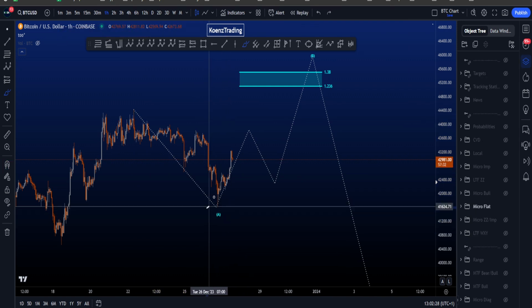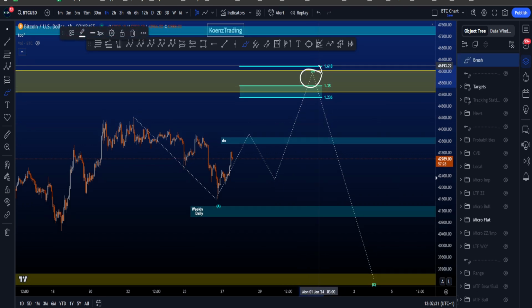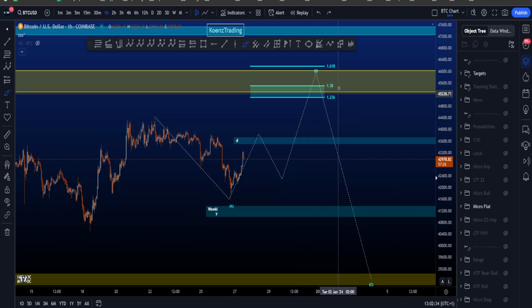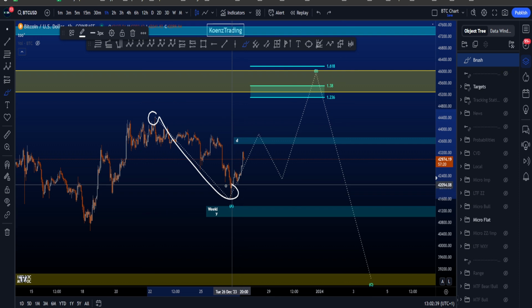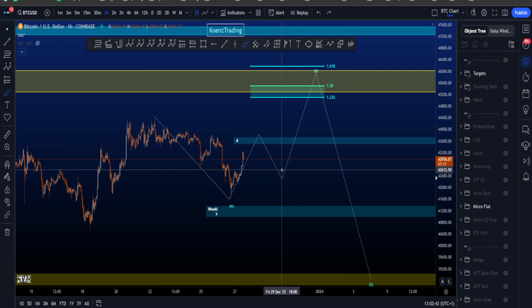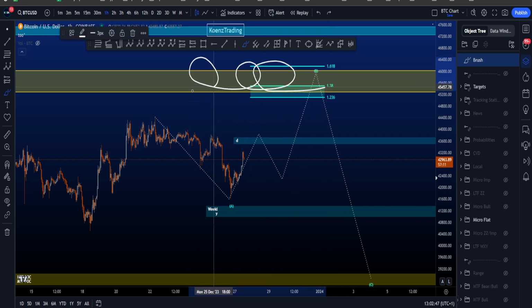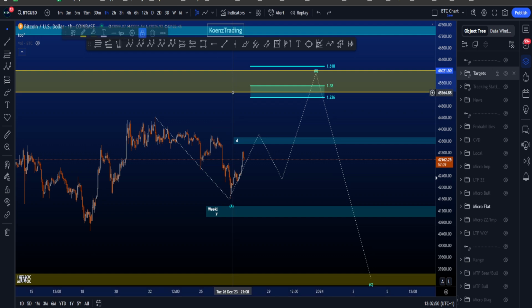After wave A is in, we are looking for a three-wave move towards the upside for this wave B. Most common target area for this wave B is between the 1.38 and the 1.236 Fibonacci, taken from the high to the low of wave A, which is between 45k and 45.5k, which is in confluence with the yellow resistance box that we have here, sitting between 45.2k and 46k.